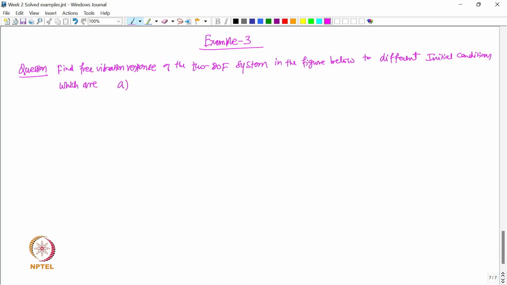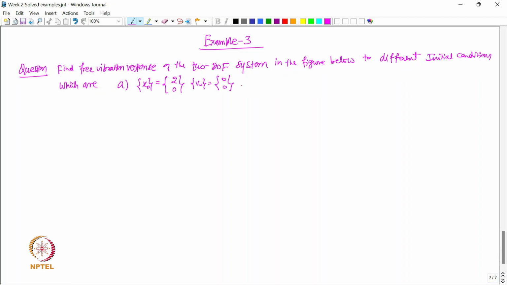so the first part is the initial conditions: we have the displacement vector x at t is equal to 0, x naught, given as 2 0, and the initial velocity vector is all zeros, right.